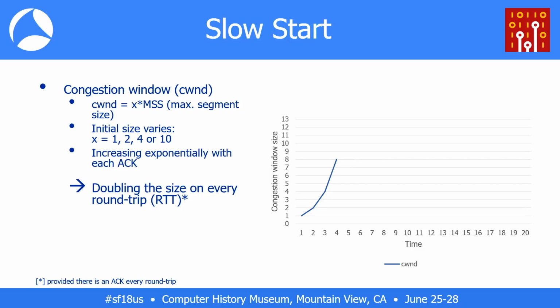What it does then, upon receipt of the acknowledgement from the server saying basically, yeah, I got your data, is double the congestion window. So in the next round trip, we are sending 2 full packets, so 2 times full MSS. And that continues on, and doubles with every round trip, or with every acknowledgement that I get back to my packets.